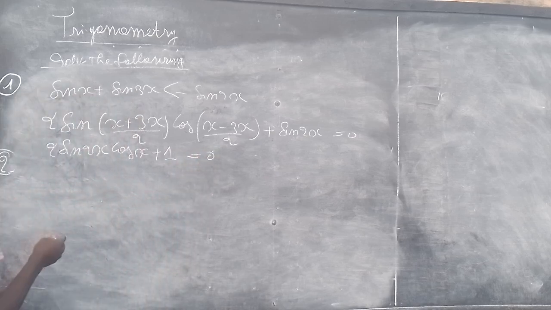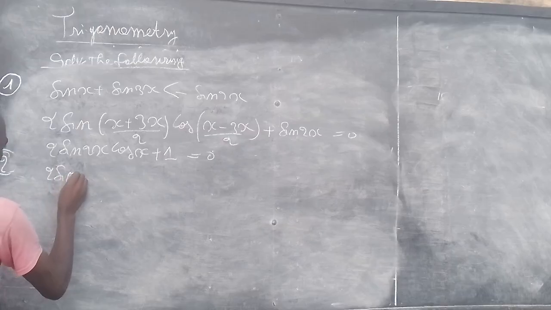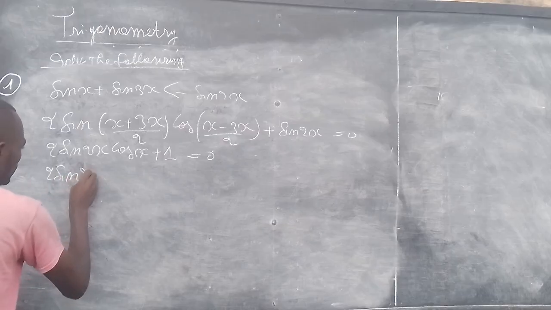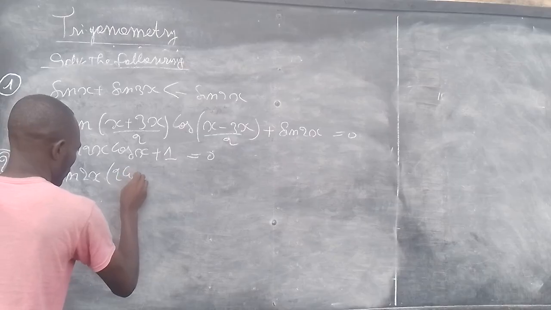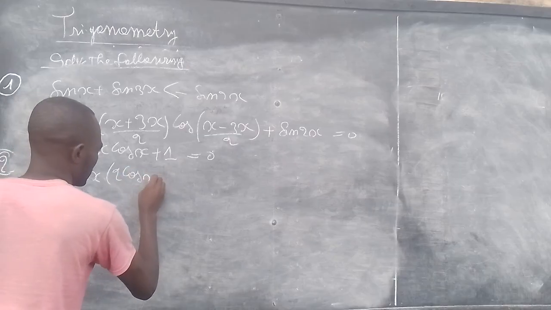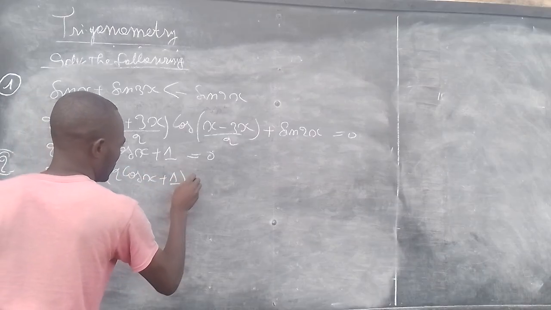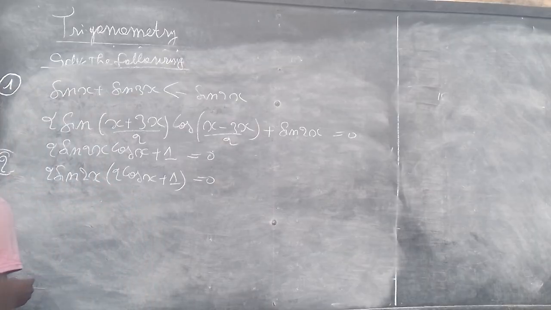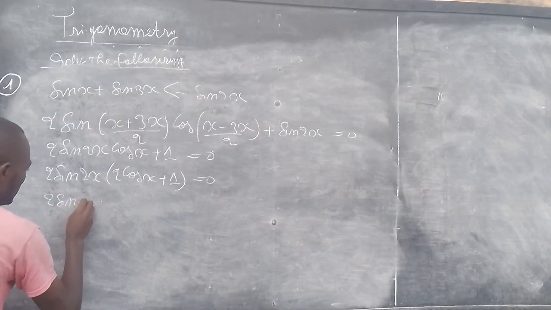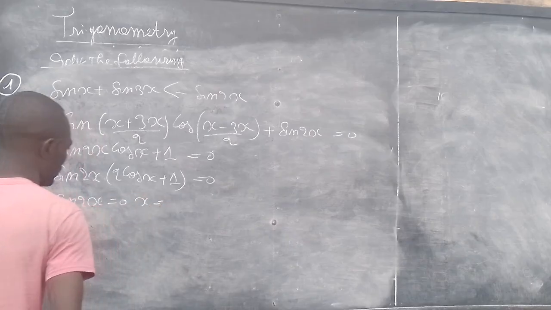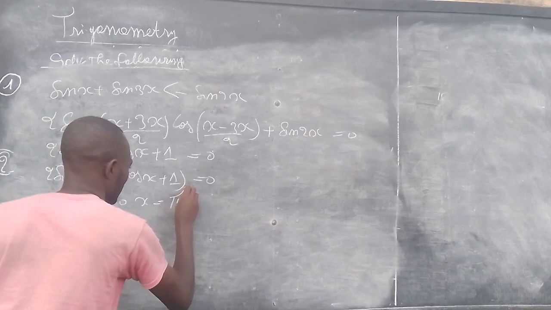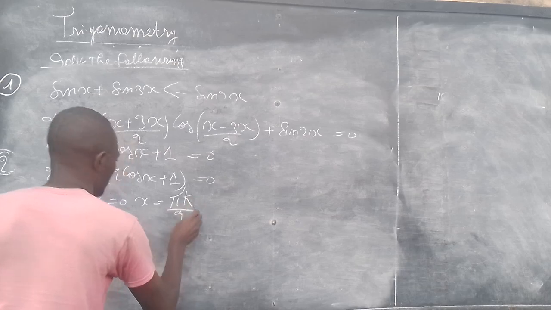So here we factorize. We have 2 sin 2x times cosine x plus 1, which is equal to 0. So sin 2x is equal to 0, which gives x equal to pi k over 2.